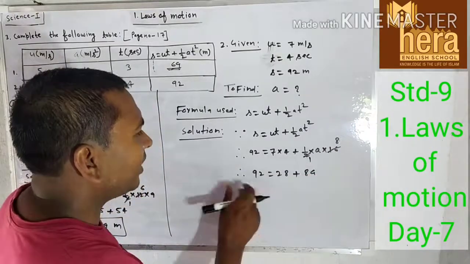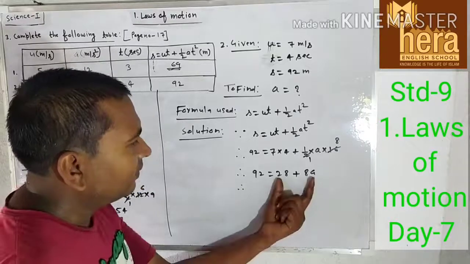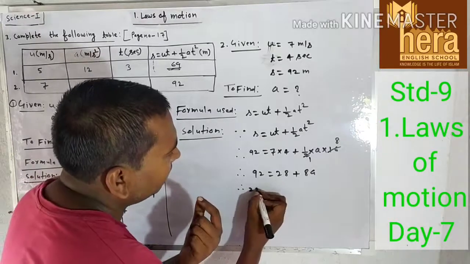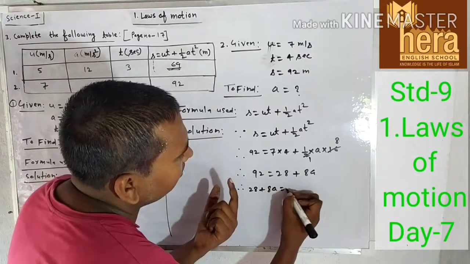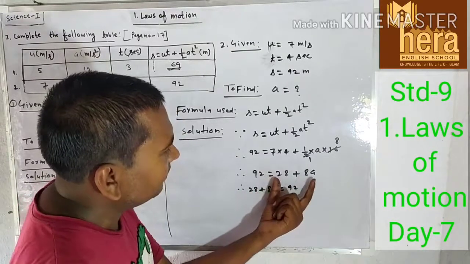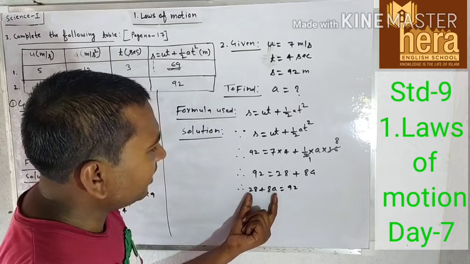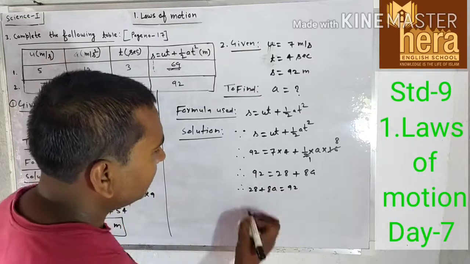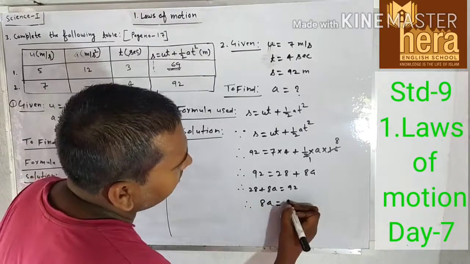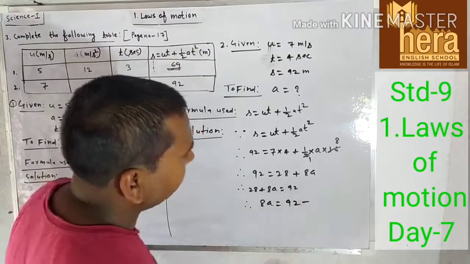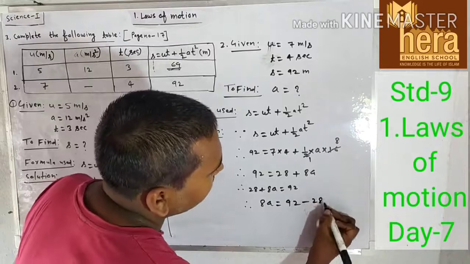So whole thing we have to write here. Therefore that is 28 plus 8A is equal to 92. Therefore 8A is equal to 92 minus 28.